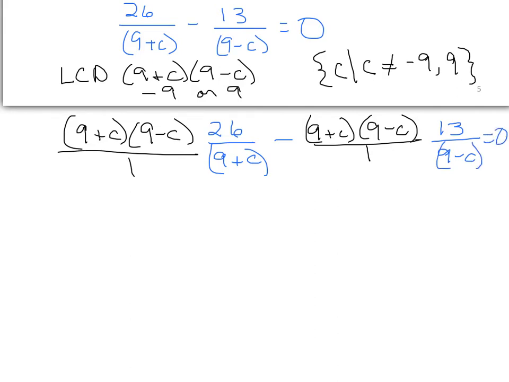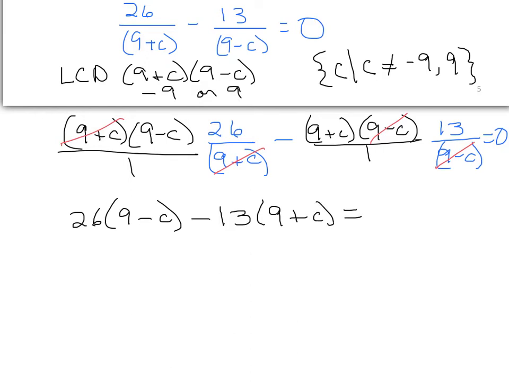And then let's cancel. The 9 plus c's go away over here, and we're left with 26 times (9 minus c). And in the second term, the 9 minus c's cancel, and we're left with subtracting 13 times (9 plus c) equals 0.